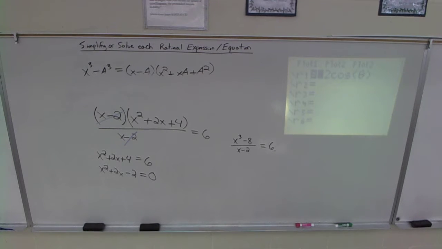Oh, I'm in polar mode from calculus. Let's go back to regular functions and just graph that parabola. I'm not graphing the original problem, the rational expression. I'm graphing the simplification. I want to see where the x-intercepts are for x squared plus 2x minus 2.